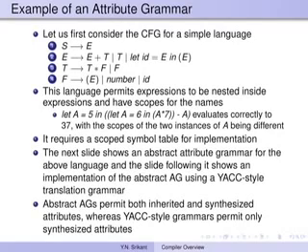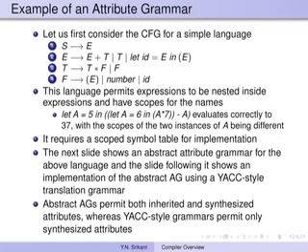So, such an attribute grammar for a programming language of expressions requires a scoped symbol table for implementation. So, let us see how an abstract attribute grammar is used to specify such a language, and then see how this works.